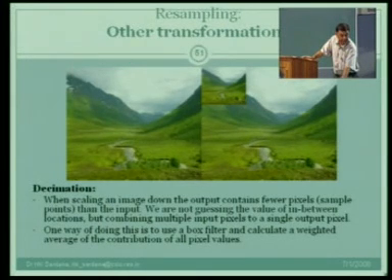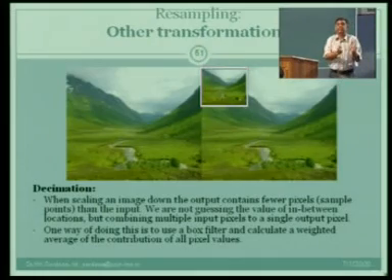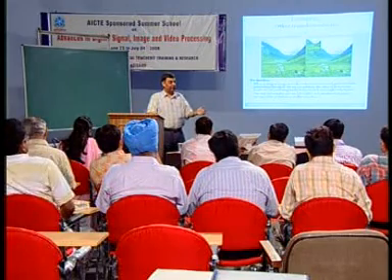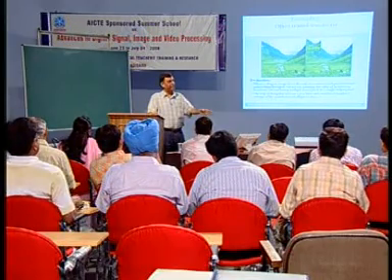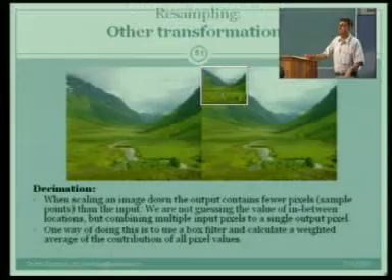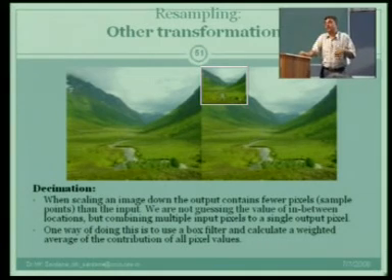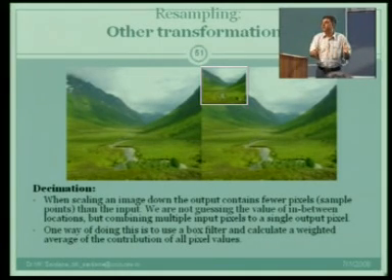Further resampling is decimation, which means you are reducing the image to different sizes. In this case it shows 1/4 or 1/8 here. Many processes require decimation, basically reducing the size to different values, like a pyramidal structure.